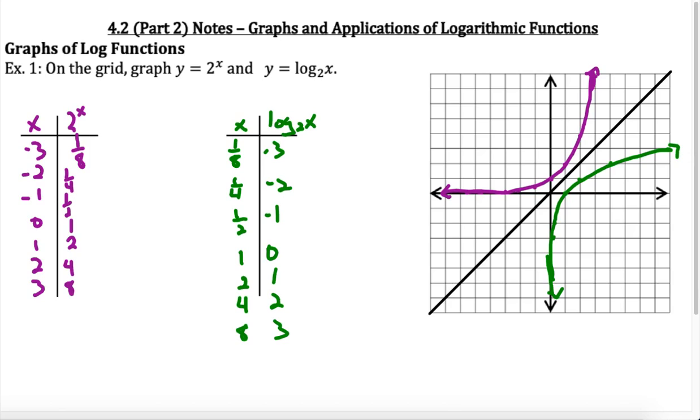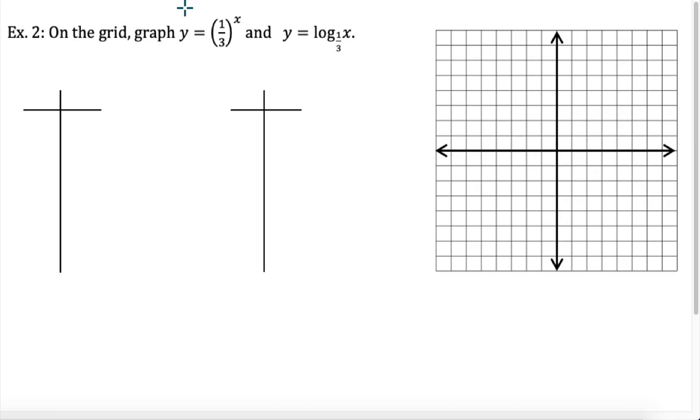All right, so let's try one more example of that. Let's do 1/3 to the x. We talked about an example similar to this before. We'll do this one in purple. Whenever we're plugging in negative values, let's just do a few here.